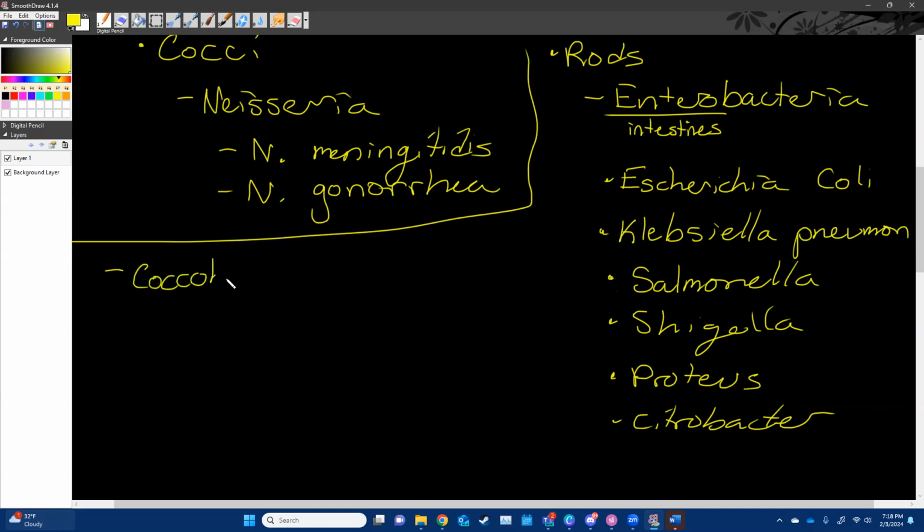Under a different category, we have the coccobacilli.